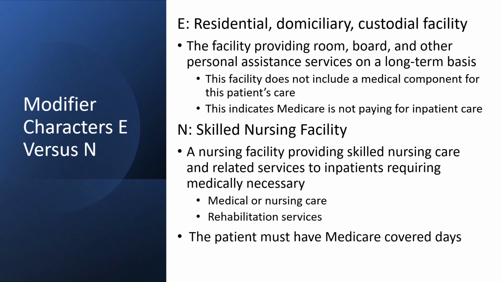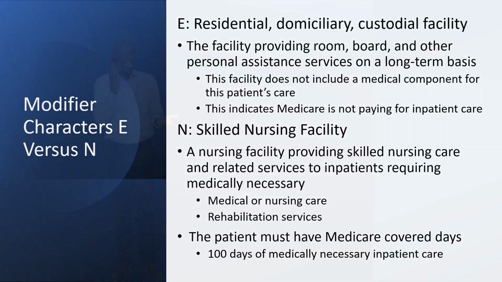The patient must have Medicare-covered days for the ambulance supplier to bill with an N representing skilled nursing facility. Medicare offers 100 days of medically necessary inpatient care in a skilled nursing facility per benefit period.